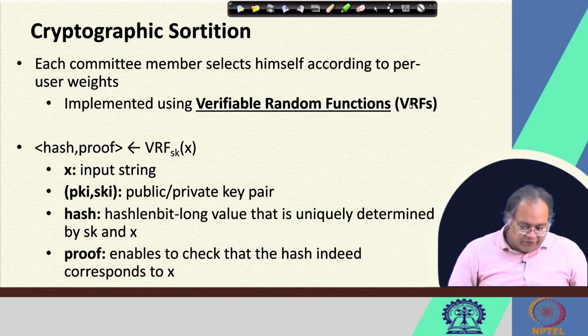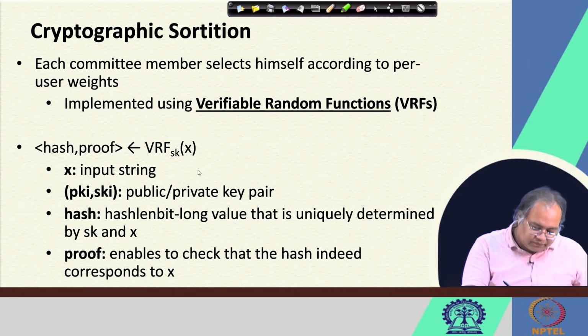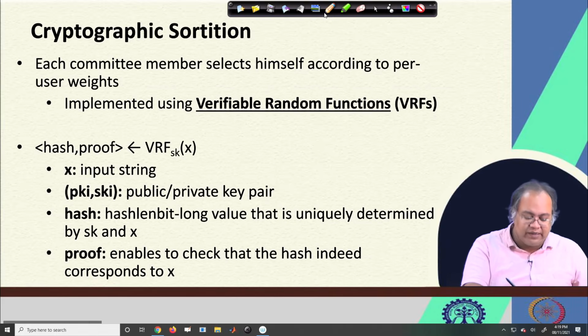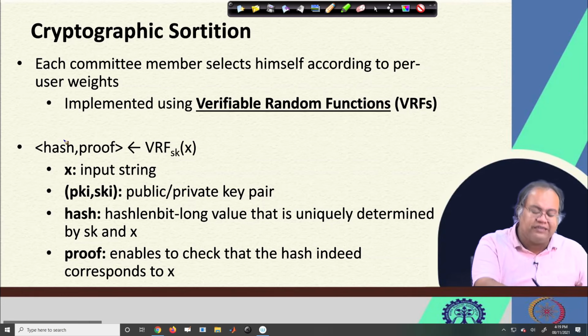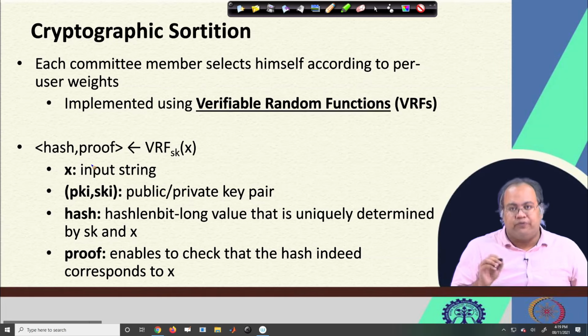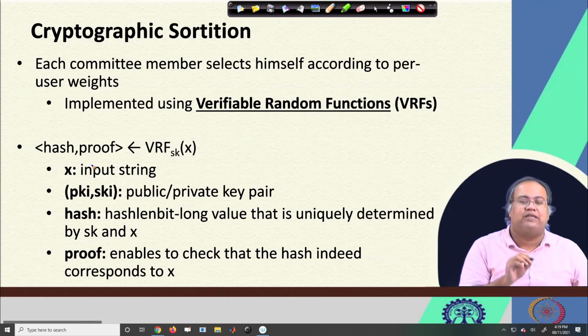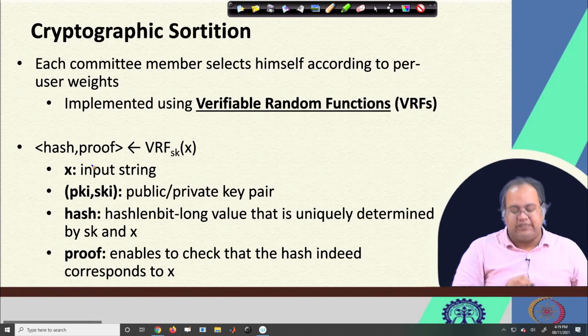So, what is VRF? VRF takes the private key of the user, say user i is going to generate a VRF. It takes the private key and a certain input message, x, and generates a hash and the corresponding proof. The proof is to validate that the hash I am claiming is correct.